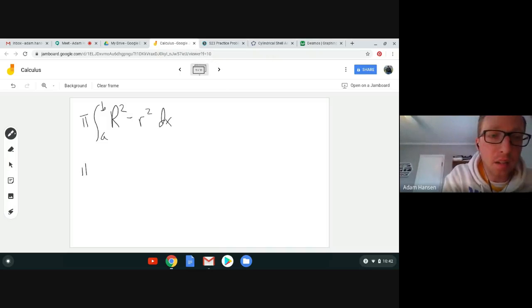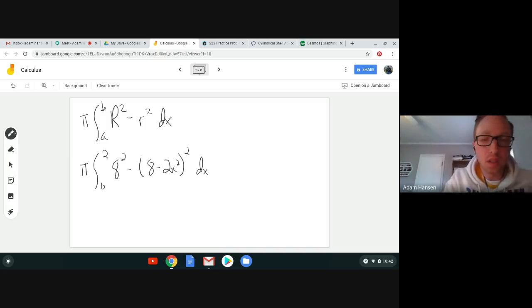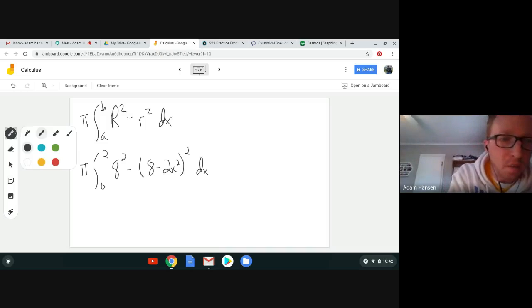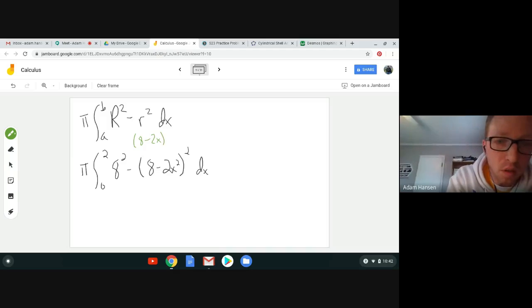So we have pi times the definite integral from 0 to 2 of 8 squared minus (8 minus 2x squared) squared dx. That's going to be 8 minus 2x times 8 minus 2x. I always have to write that out just so I know what I'm expanding and multiplying.